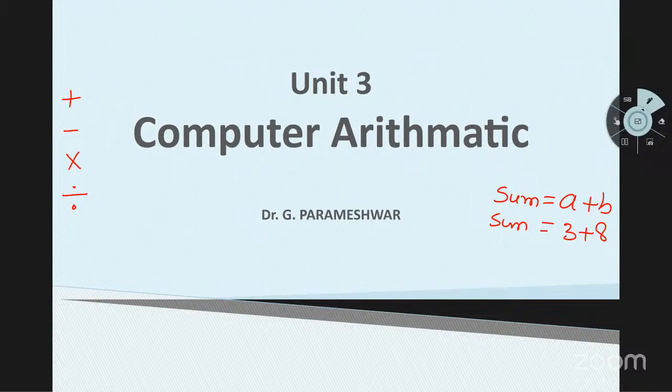If you want to perform the addition operation, the arithmetic operations are addition, subtraction, multiplication, division. To perform the addition we require the required hardware. If that hardware is placed in this device, then this also can be used as a calculator.